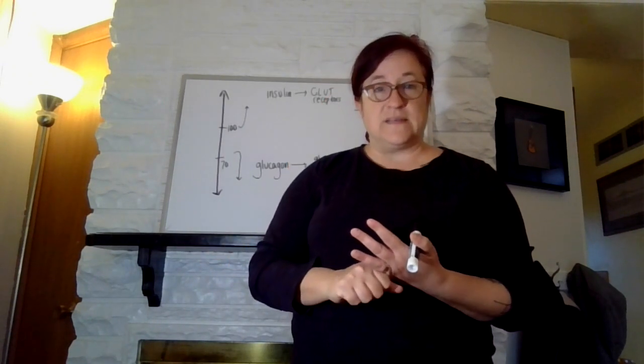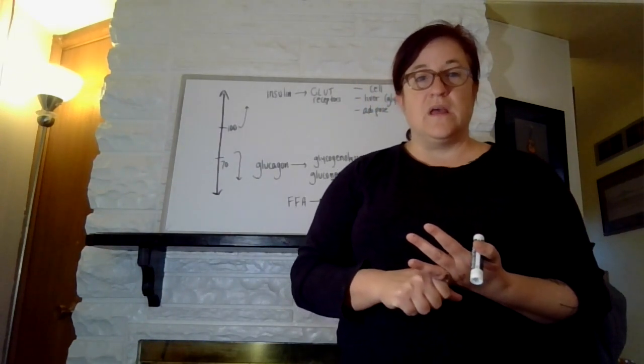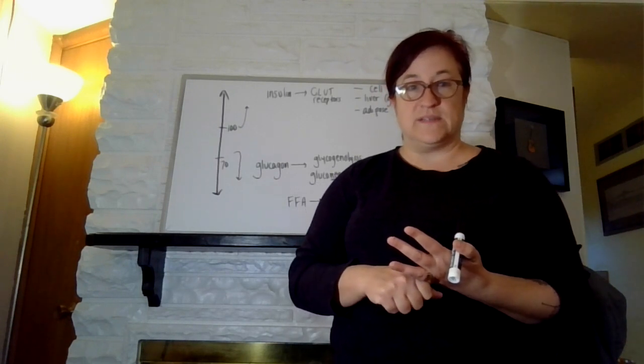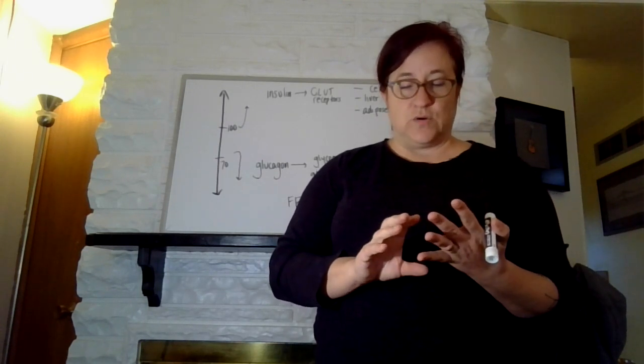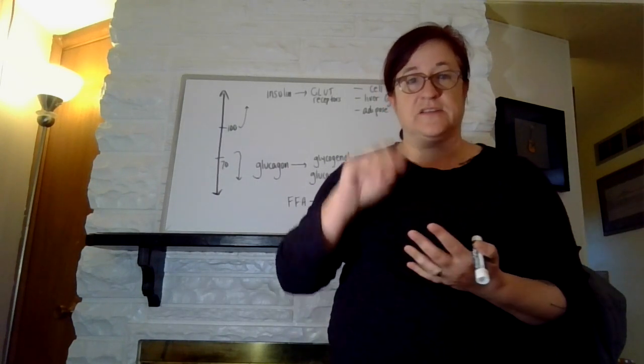There are some positive feedback mechanisms within the endocrine system. The one commonly talked about is the hormone that promotes labor and delivery. So that hormone is created in the posterior pituitary, and that's oxytocin.